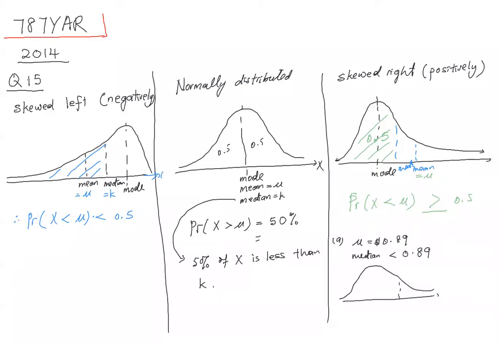The mean is 0.89 and the median is here. This area is 0.5, so more than here is less than 0.5. Less than half of all smartphone apps cost 0.89 or more. So that is the answer for part A.